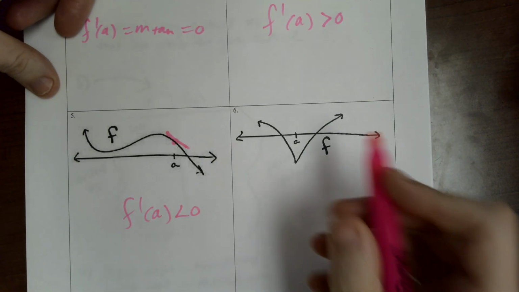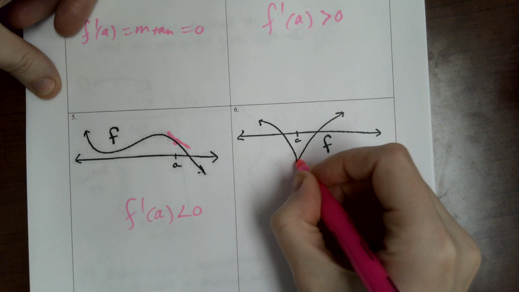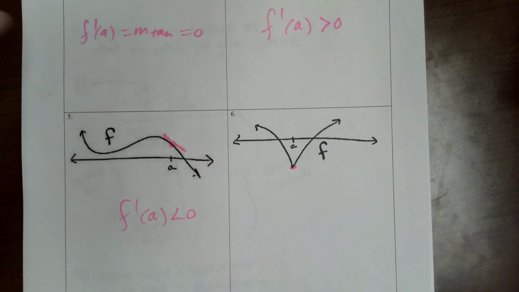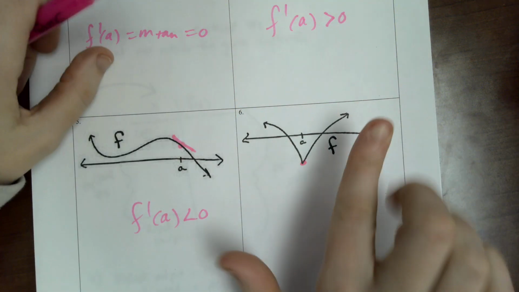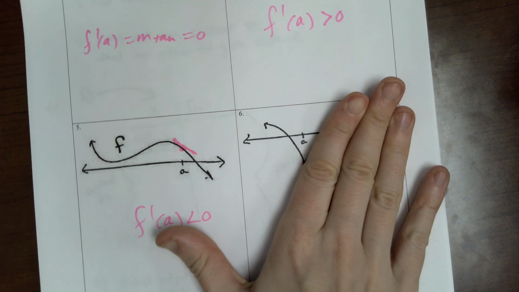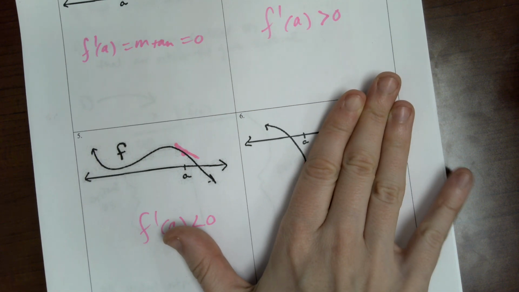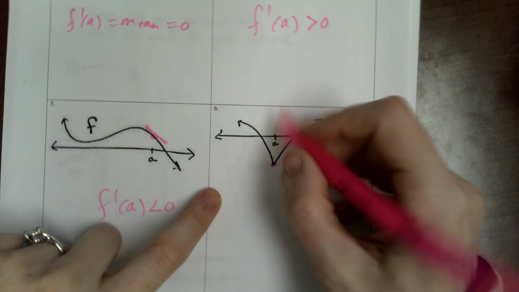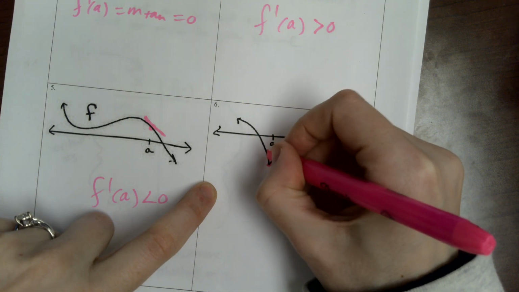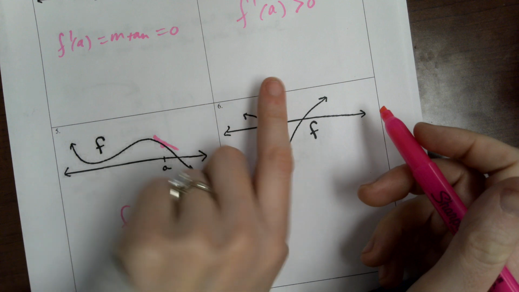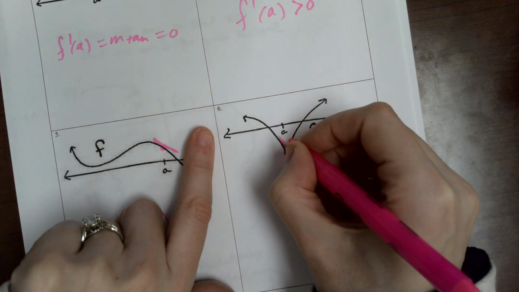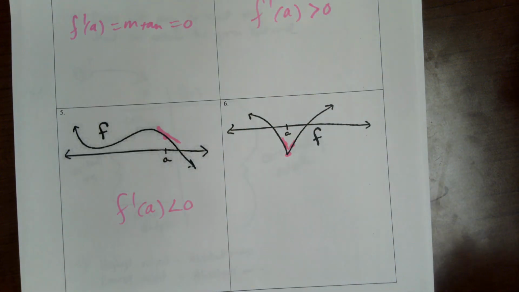All right, and then for this one, this is a sharp corner or a cusp, and if you try to draw a tangent line, you're not going to be able to. It's very confusing. If you ignore this half of the graph, it looks like the tangent line should be like this, getting closer to that. But then on the other side, try to draw it, it's not happening.